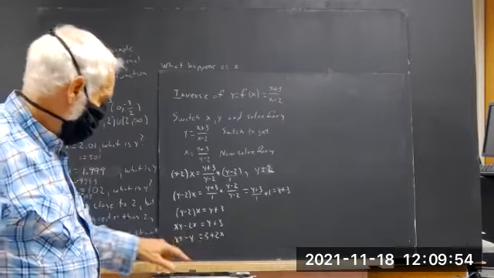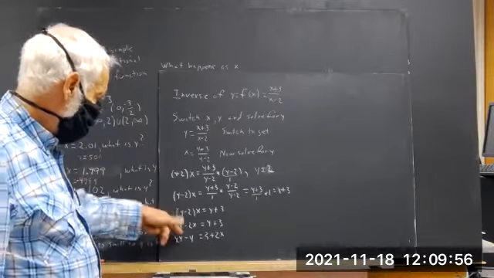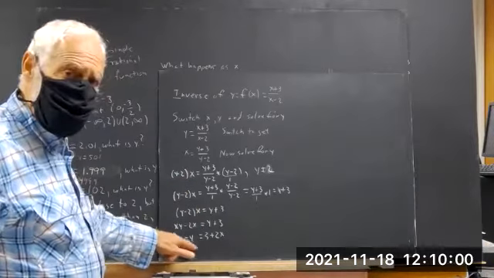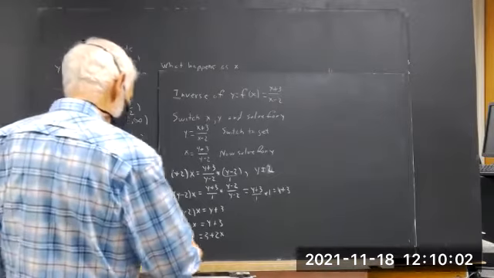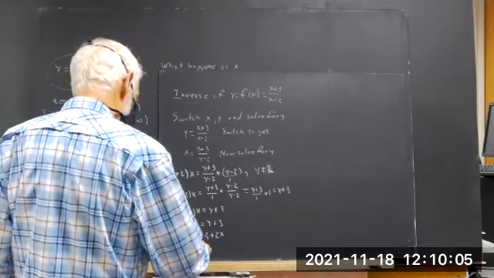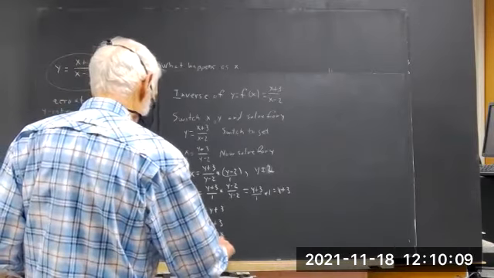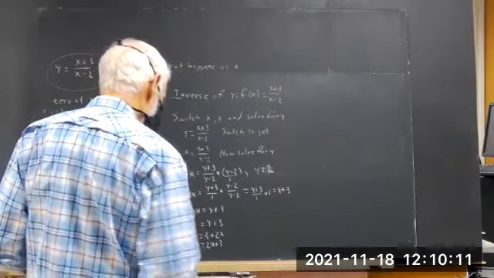When we have this, how are we going to solve for y? We got an xy, we got a minus y. What are we going to do about that? Well, factor out the y. This tells you that y times x minus 1 equals 2x plus 3.